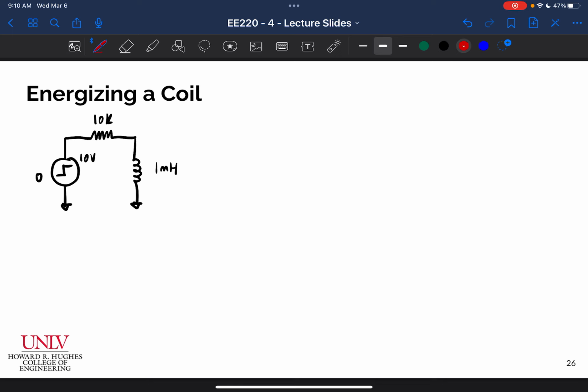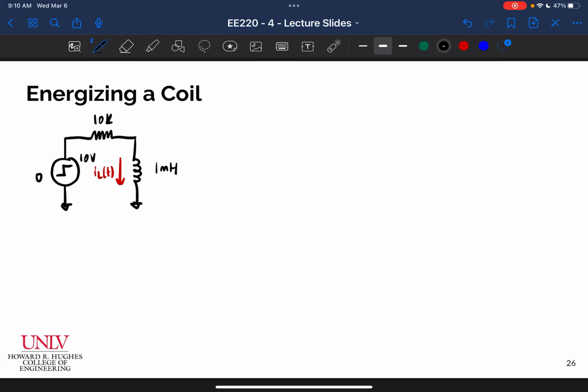What I'm interested in for this circuit is IL of t, the current as a function of time. Let's not bother finding the current at a particular time.